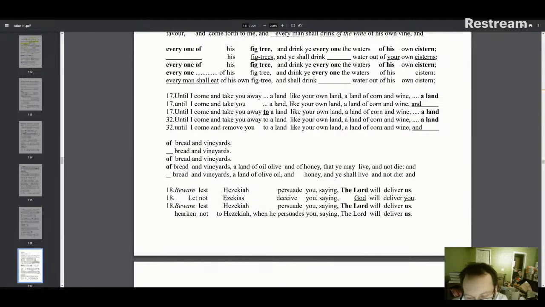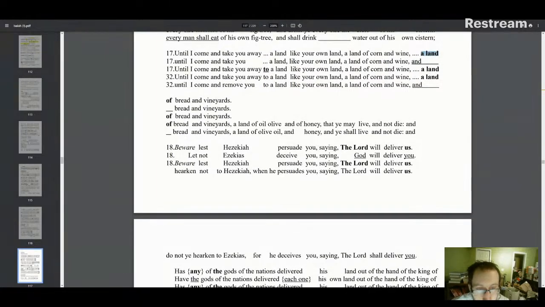You couldn't say of bread, because that's not how Hebrew works. Of has to be attached to something else directly next to it. So this is how we know that the reading is correct in the Hebrew, because grammatically it's necessary in Hebrew.